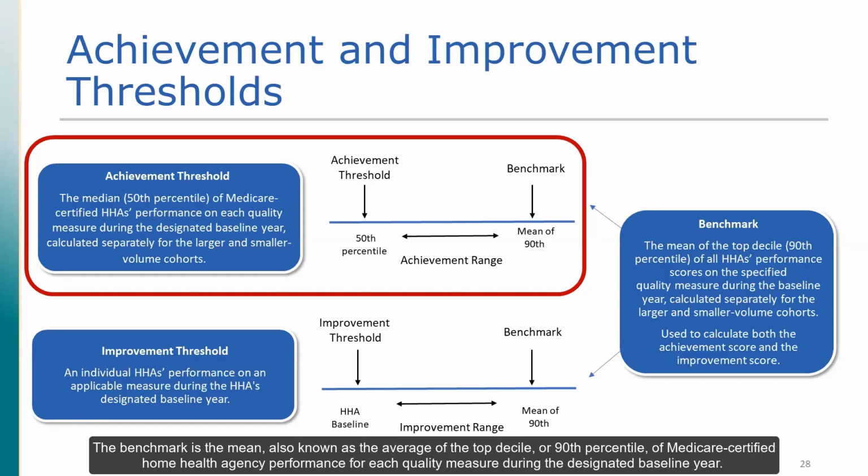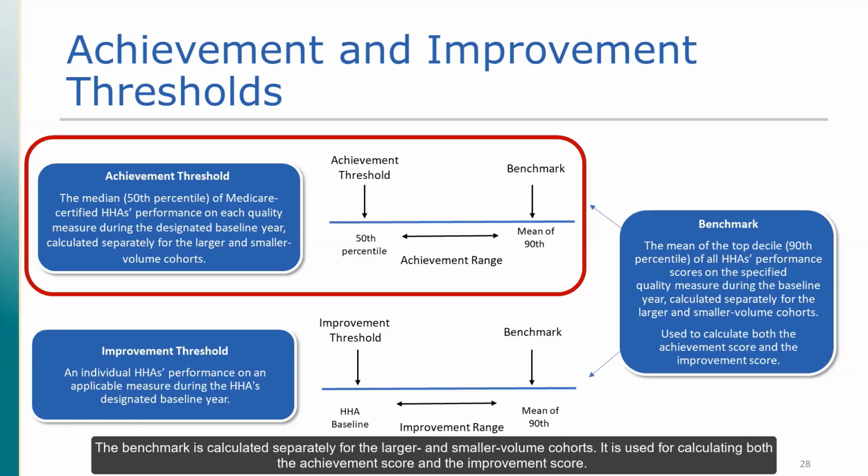The benchmark is the mean, also known as the average, of the top decile, or 90th percentile, of Medicare certified home health agency performance for each quality measure during the designated baseline year. The benchmark is calculated separately for the larger and smaller volume cohorts. It is used for calculating both the achievement score and the improvement score.